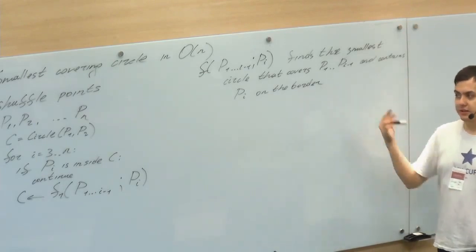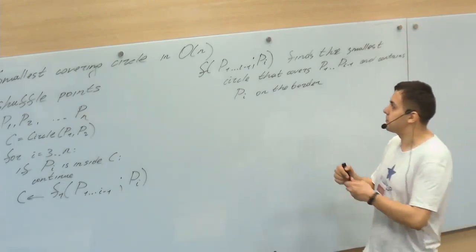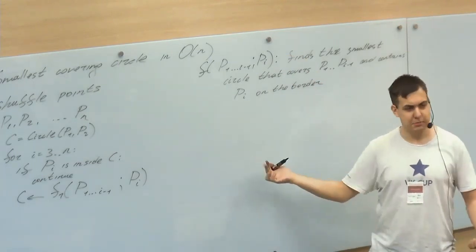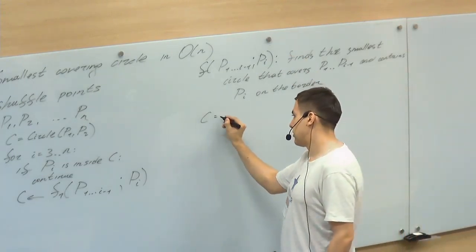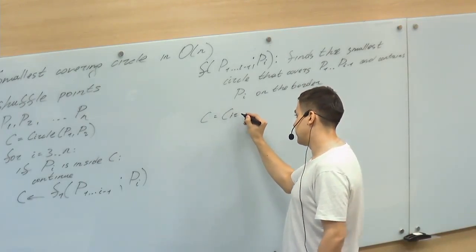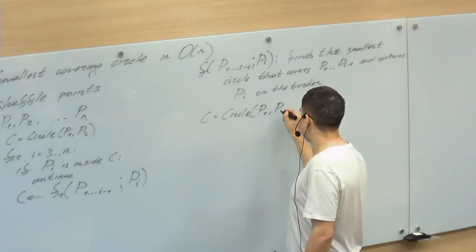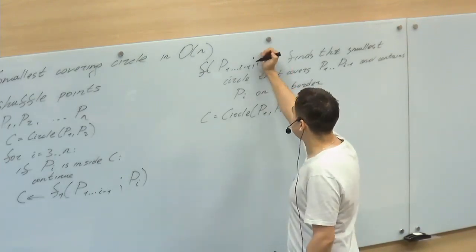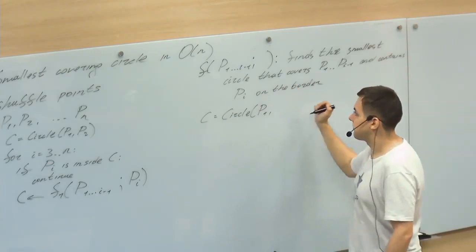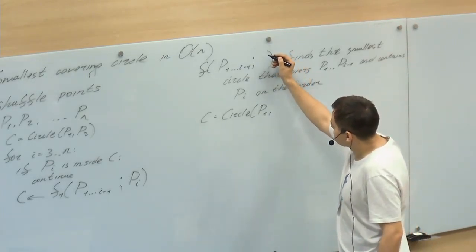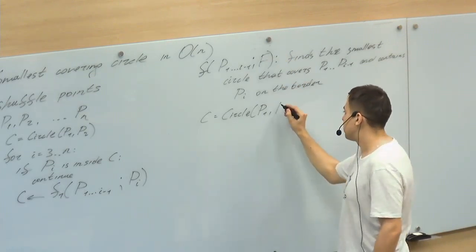So how is this function implemented? Well, we can do similar stuff, right? First we make a circle that's based on P1 and Pi. Let's call this function by another name.